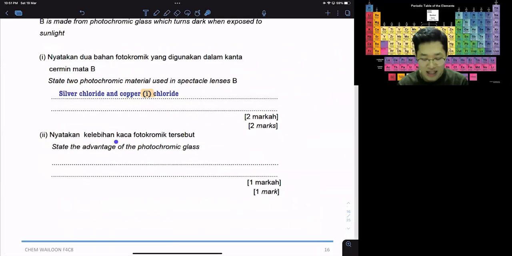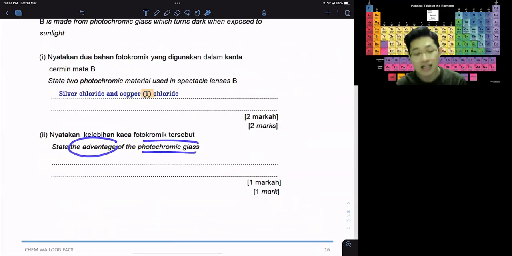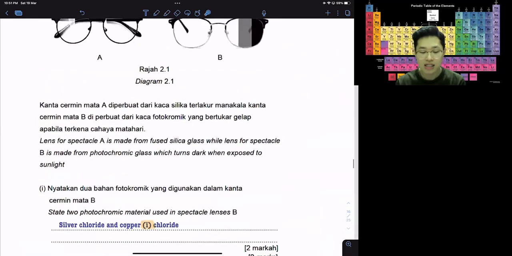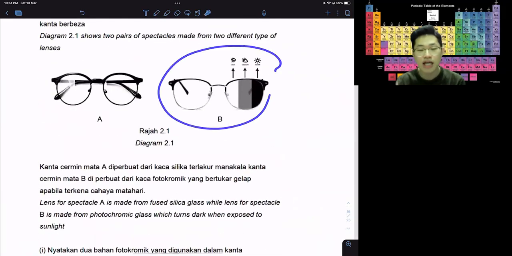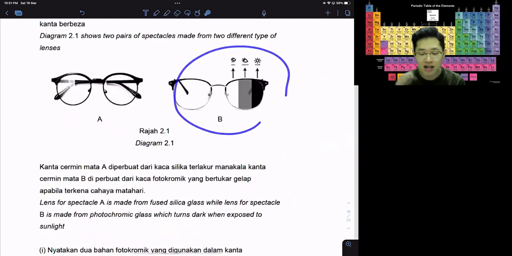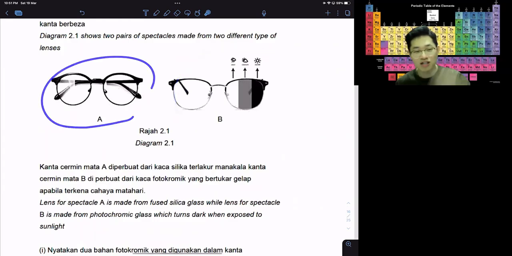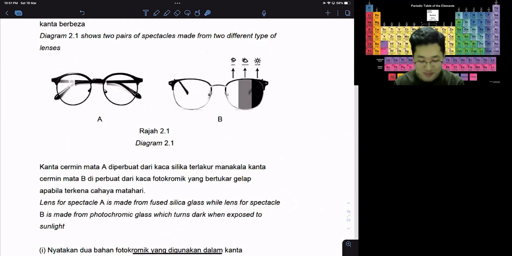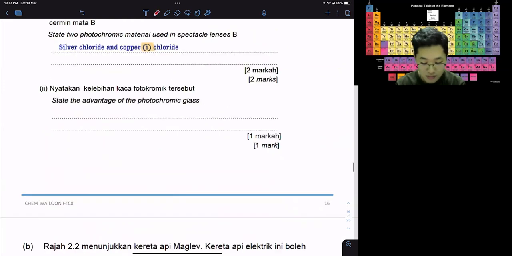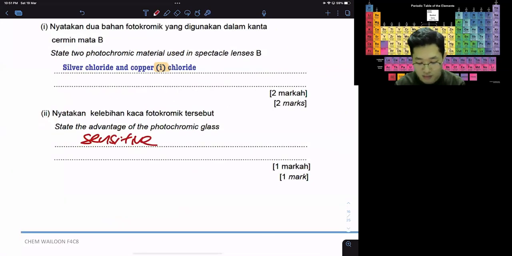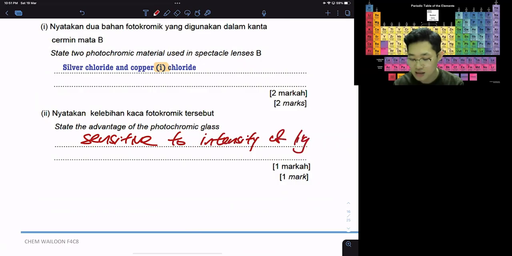So one advantage of photochromic glass. What is so special about these glasses compared to the cheap ones? Yes, they are sensitive to the intensity of light.